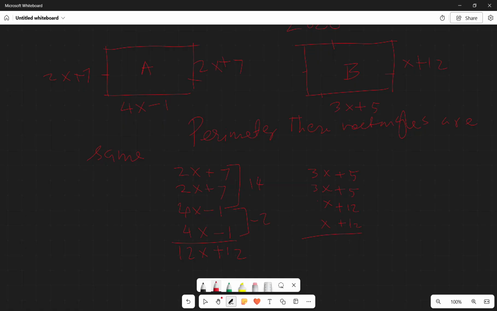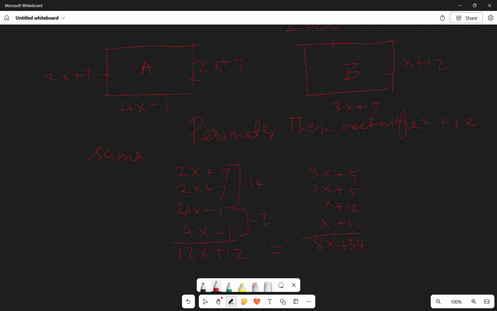Now we need to add all the x values: 3x, 6x, 7x and 8x. And add the numbers: 12 plus 12 is 24, 24 plus 10 is 34. So this is the expression for rectangle B.